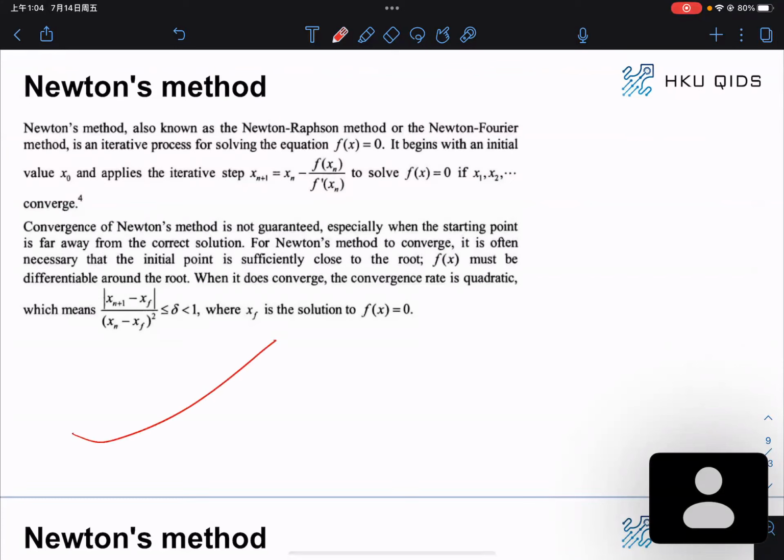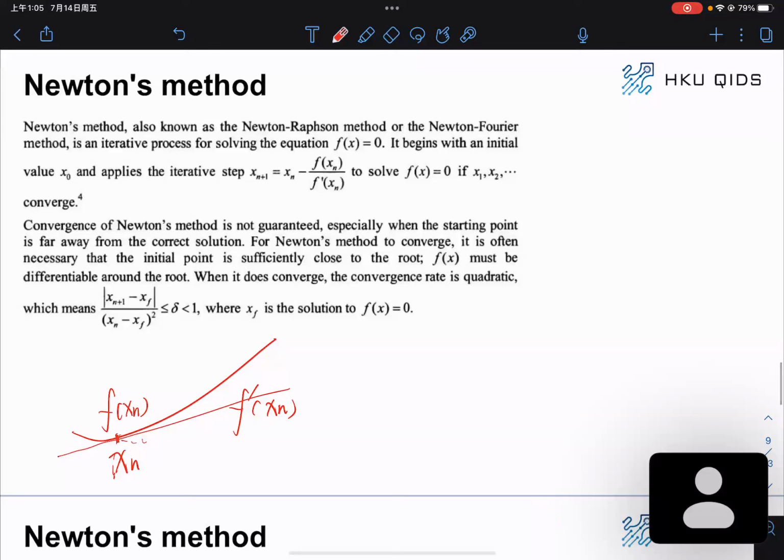So we have a function, and this is going to be xn, and this is f(xn), right? And the derivative here is going to be f'(xn), basically the slope. And it is trying to put this value divided by this value, okay? So, take the gap and move it a little bit forward to get x(n+1).